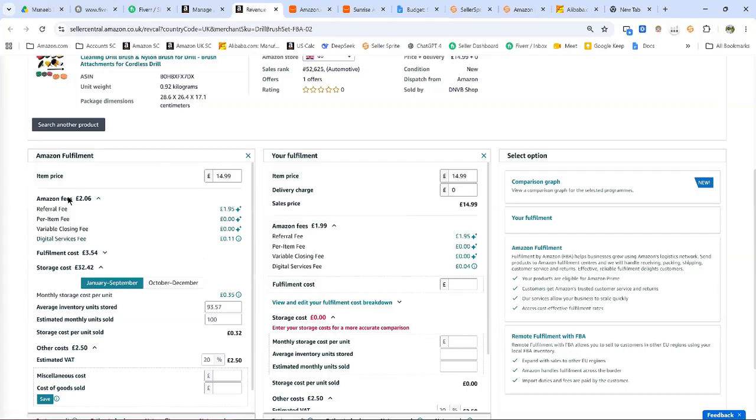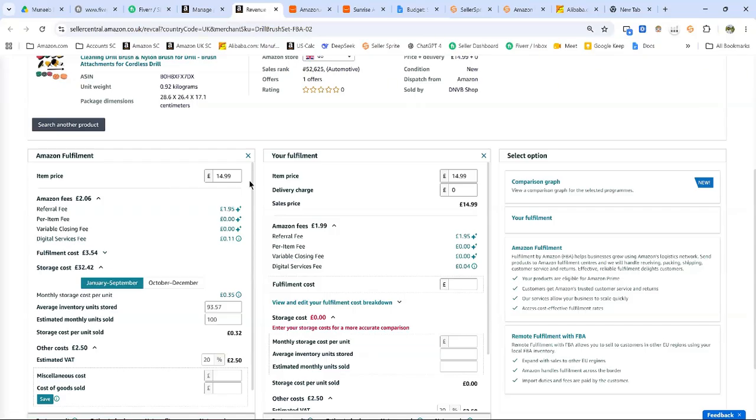Then we still have to calculate our supplier cost, shipping cost, advertising cost. There's very little chance that this product will be profitable if Amazon fee plus fulfillment cost exceeds 35%.